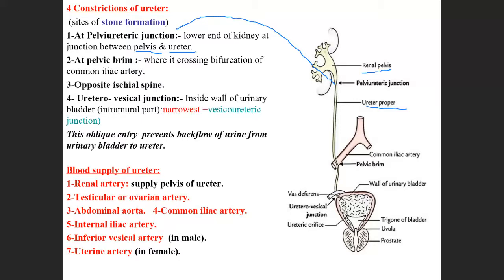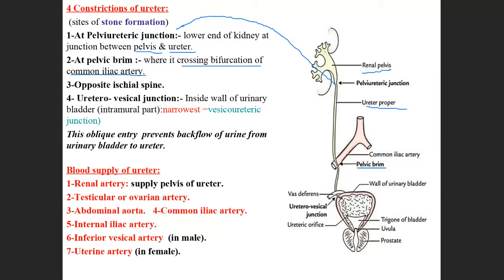Next, where is the next constriction? The next constriction is at the pelvic brim, where it is crossing the bifurcation of the common iliac artery.